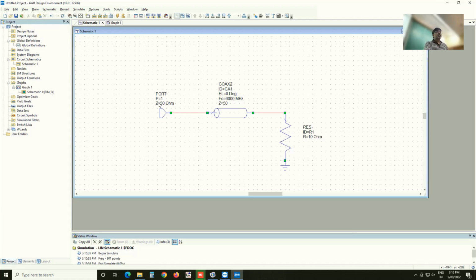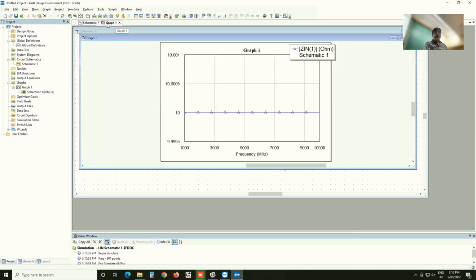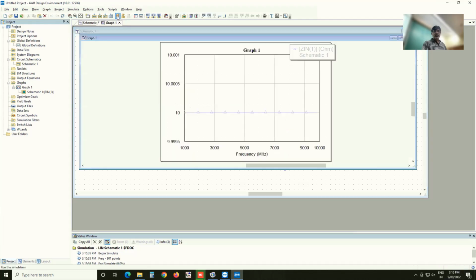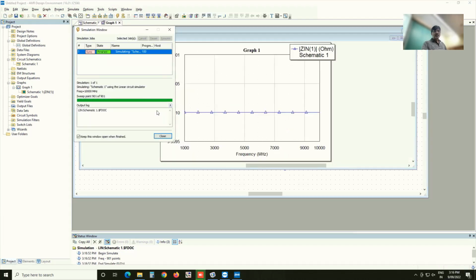This is 10 ohms, this is 50 ohms. But what is being plotted? We are plotting the effective impedance at this point. But right now, this transmission line doesn't exist mathematically in the model because it's set to be zero length. So which basically is the same as saying that I have connected this point directly to here. And you can see that if I do this, it's going to give me the same result.